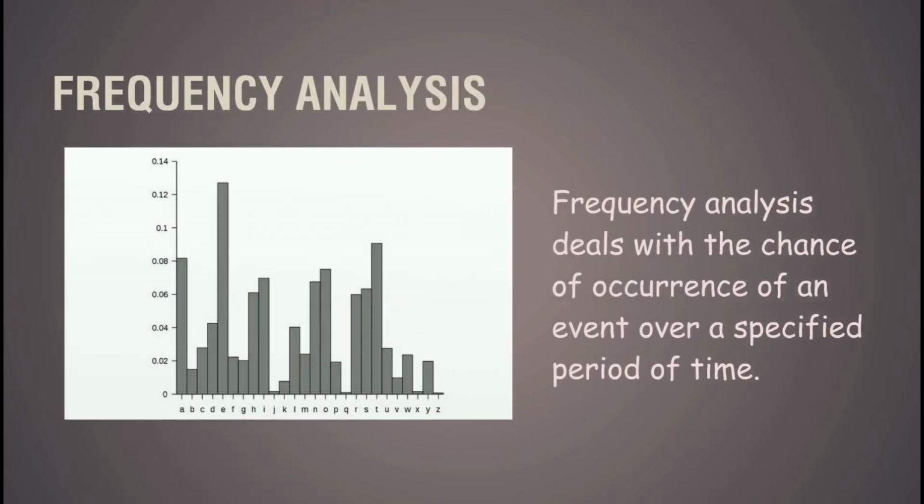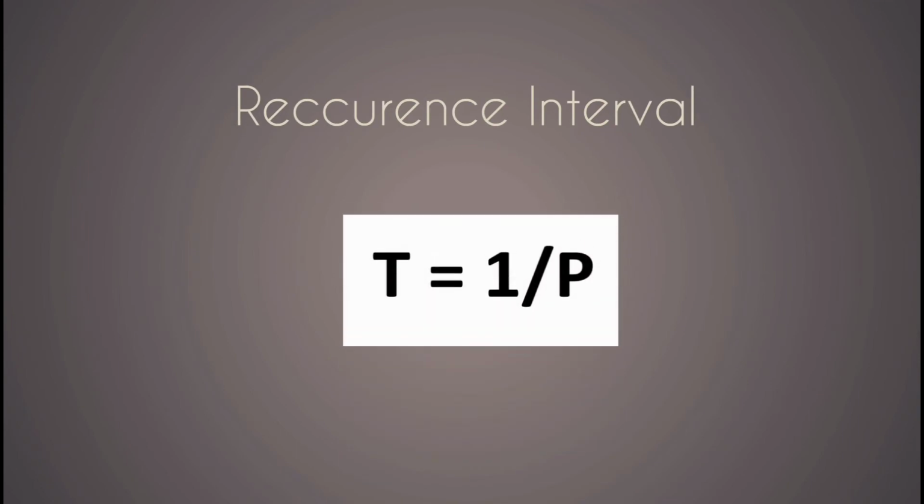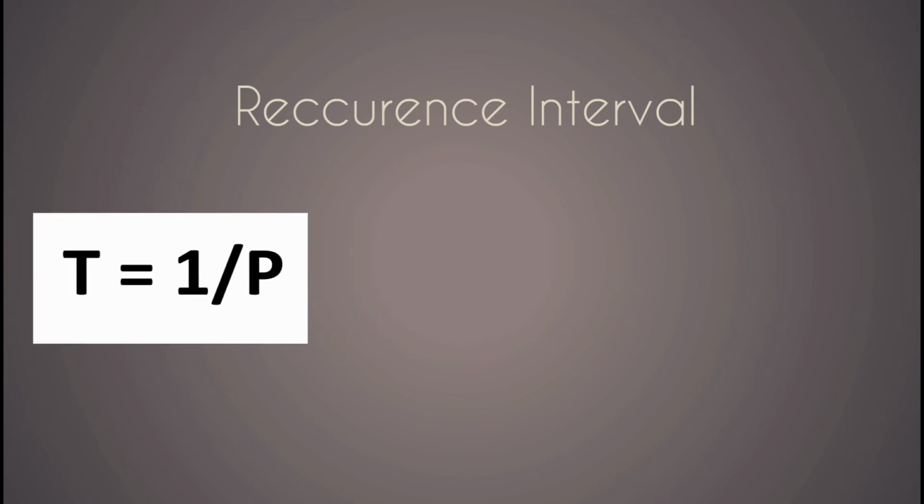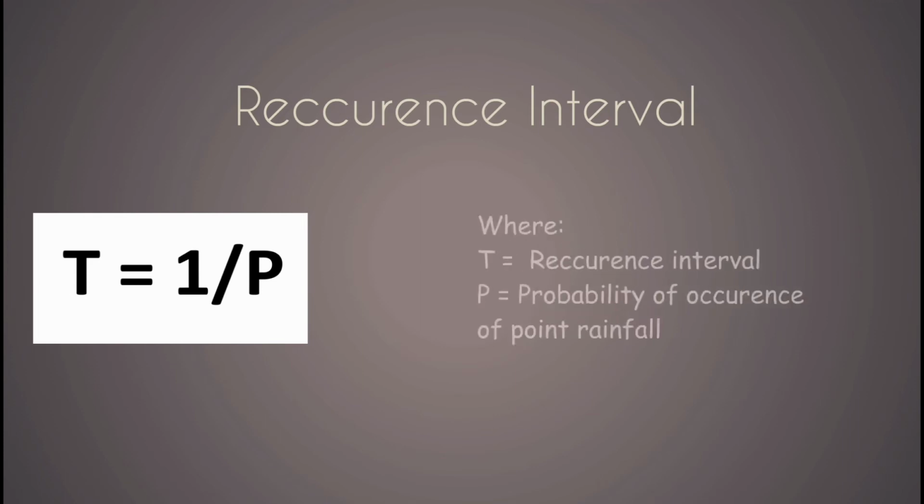Frequency analysis deals with the chance of occurrence of an event over a specified period of time. Suppose P is the probability of occurrence of an event rainfall whose magnitude is equal to or in excess of a specified magnitude x. The recurrence interval, or return period, is related to P as follows.